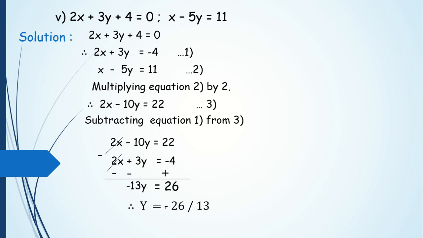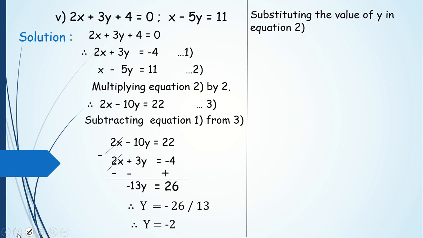That minus sign I have taken in front. That's the only thing. Minus sign has gone with 13 that side and I have written that here in the middle. You can write that on top also, not a problem. So 13 2s are 26. Y is equal to minus 2 we get. Now substituting the value of y in equation number 2.